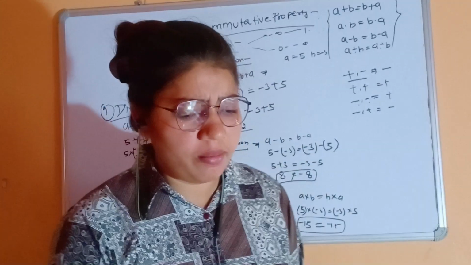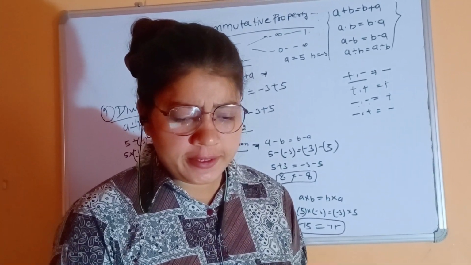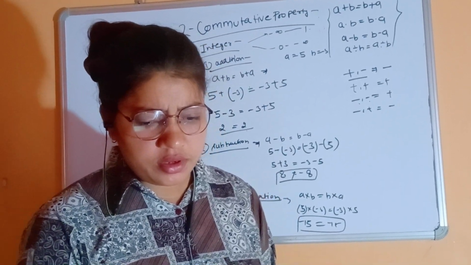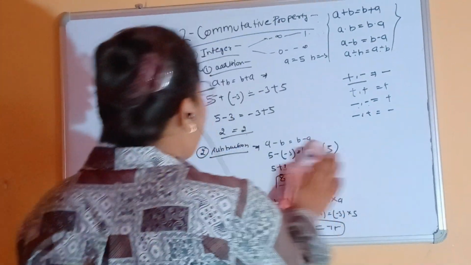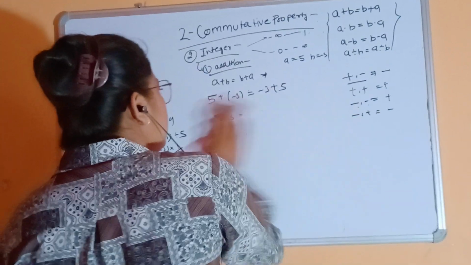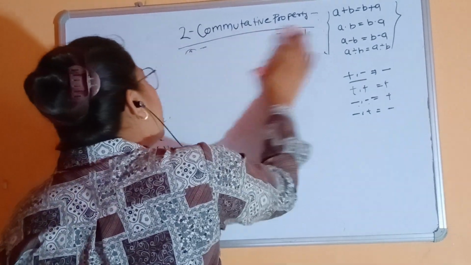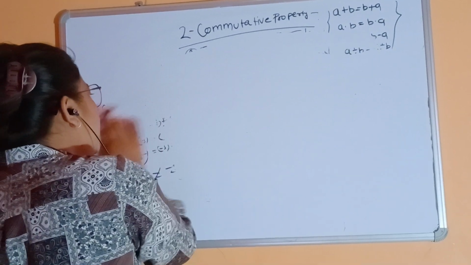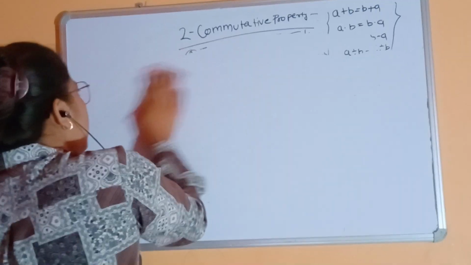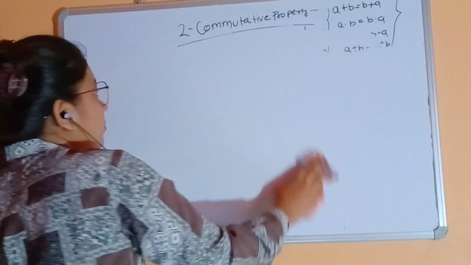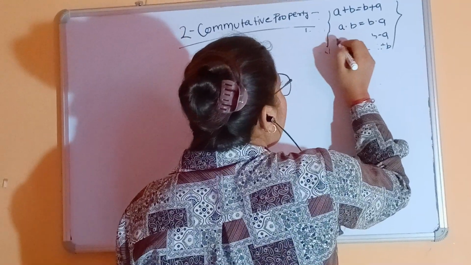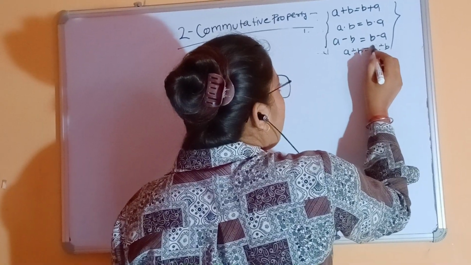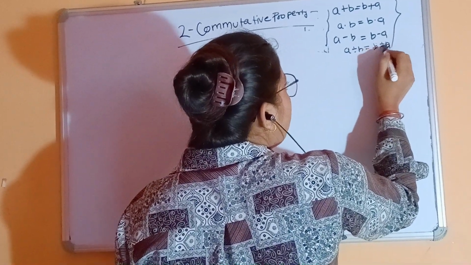Now take the example of rational numbers. Here we discuss all the properties one by one, because if we solve them this way, your exercise will be very easy.